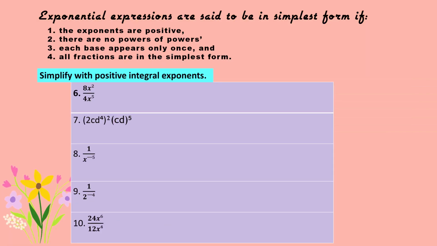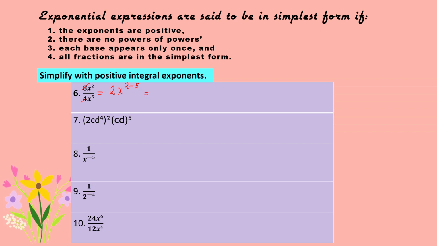Number 6. 8x squared divided by 4x raised to the 5th power. So, we will apply the quotient rule. So, 8 divided by 4 is 2, and then x, 2 minus 5.